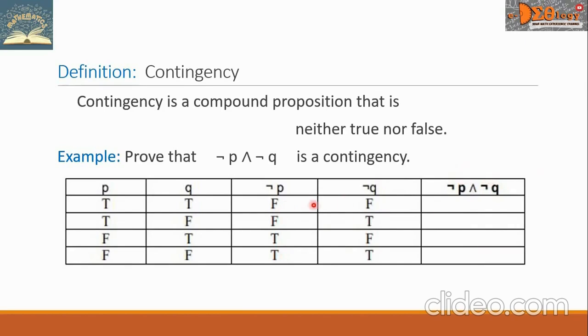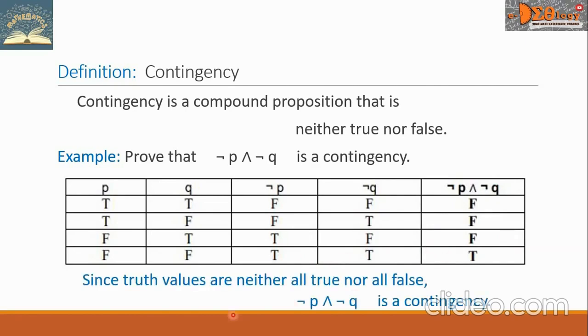So we have F and F is F. F and T is F. T and F is F. T and T is T.